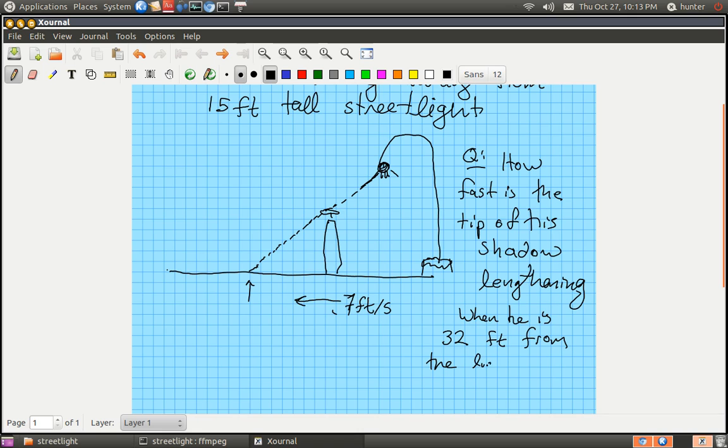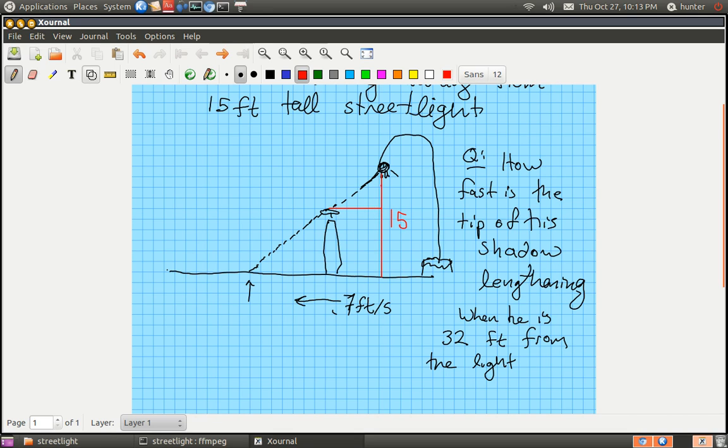From the light. I tried to do this several times, and then I finally figured out how to do it in the middle of my second class. So the trick, let me draw some more stuff here. This is 15 feet. The trick to doing this question is to draw this.